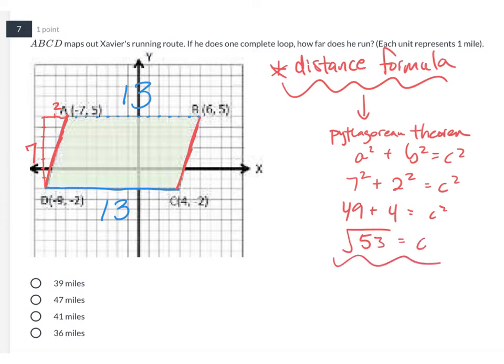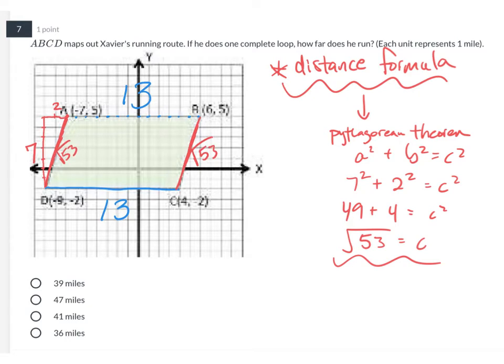All right. So square root of 53. And that's a gross number. So square root of 53 and square root of 53 on both sides.